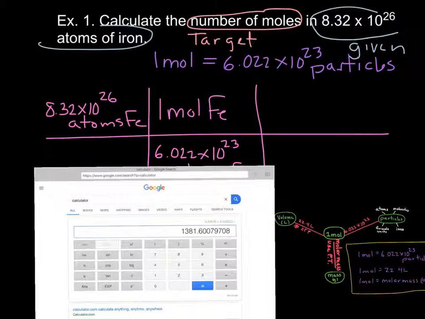And we hit equals. This is their calculator answer, 1,381.6007, blah, blah, blah. Now, we can only keep 3 sig figs because this is what we're starting with, 8.32.